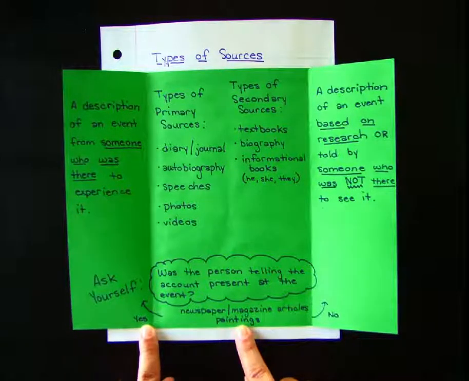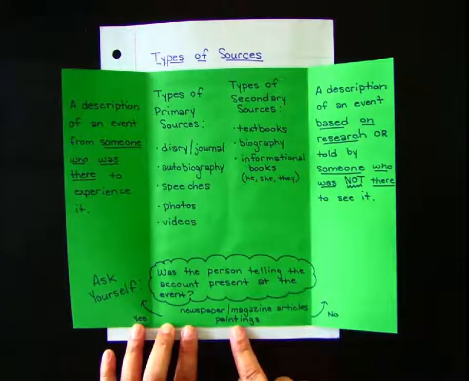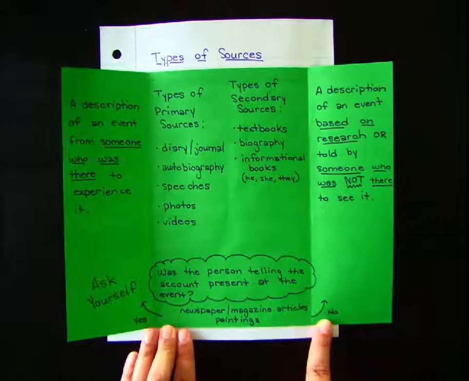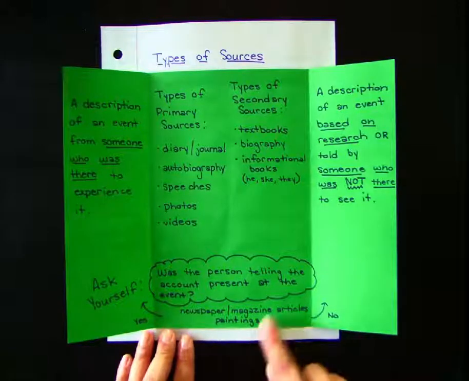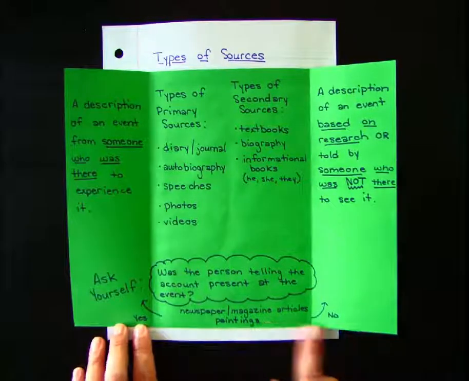If they were, then it's a primary source. If the painting of a particular battle scene was not painted by someone who was at that actual battle, then it's a secondary source.